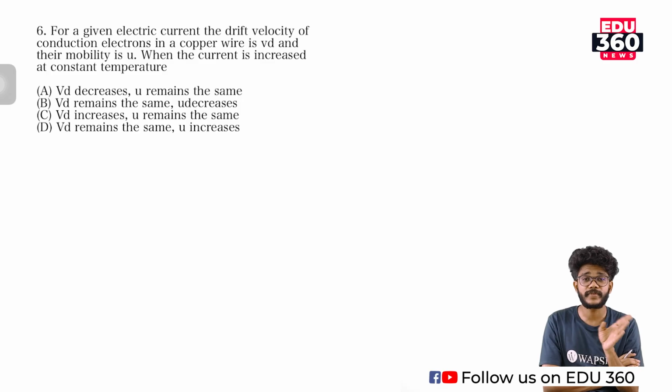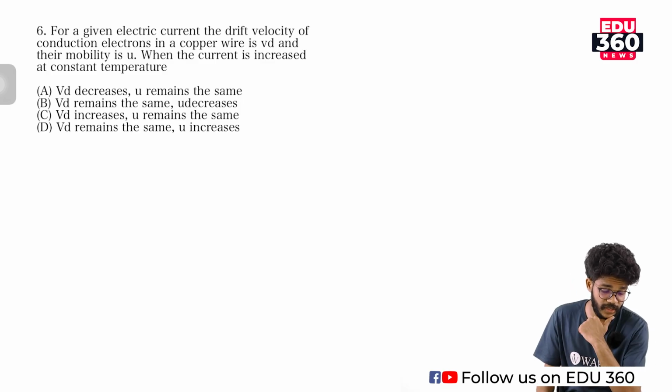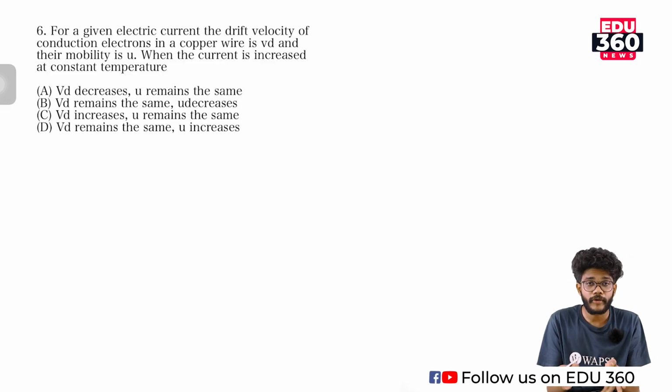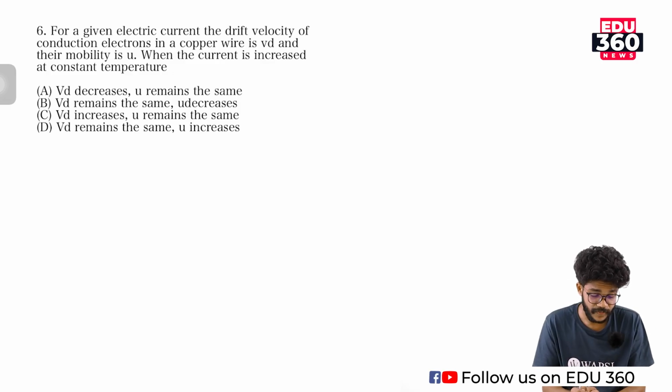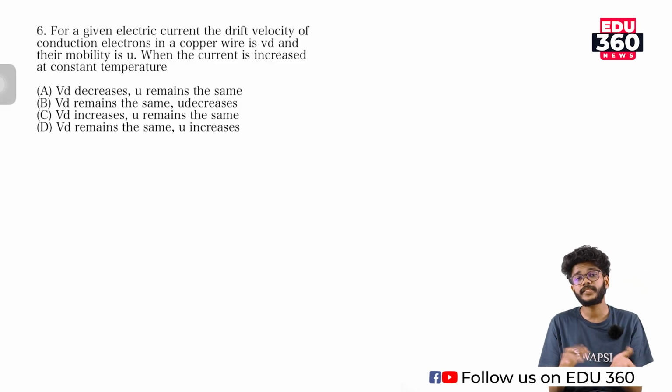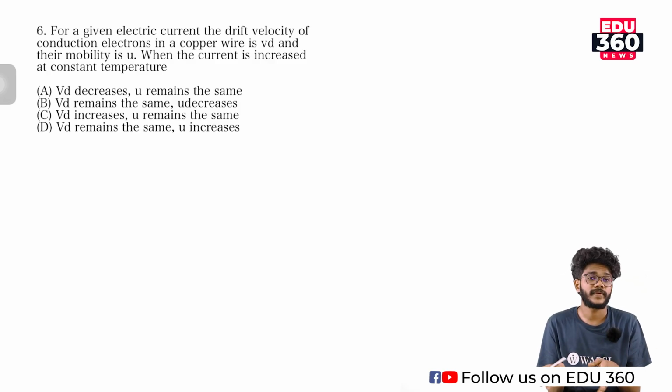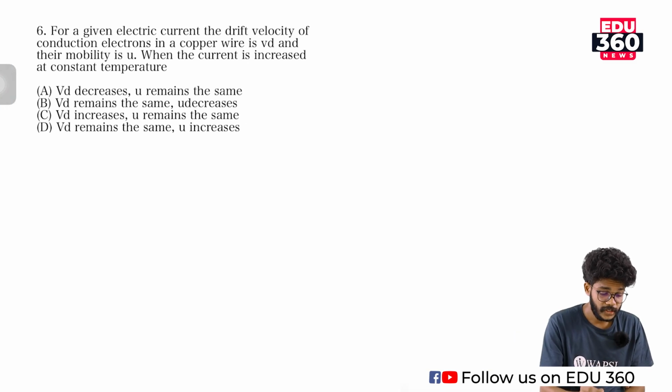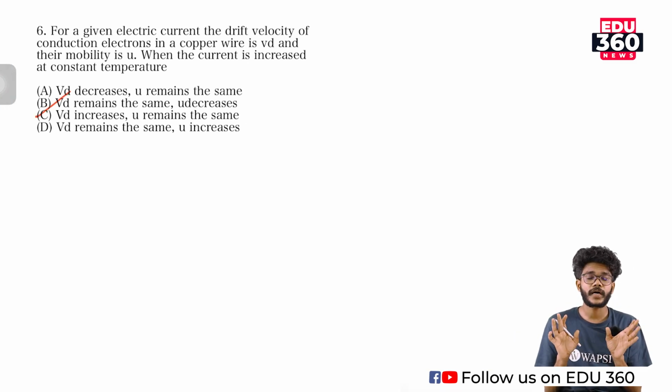The mean velocity between successive collisions. So actually drift velocity is increasing. So in which option is the Vd increased? Option C is the one and only option which has Vd increased and U remains the same. The mobility of the charge remains the same, but the Vd is increased. So option C is the correct option.